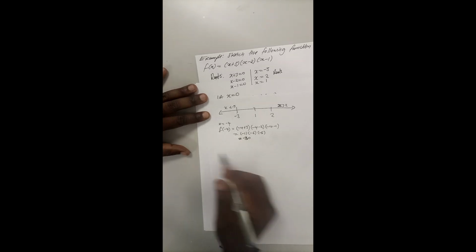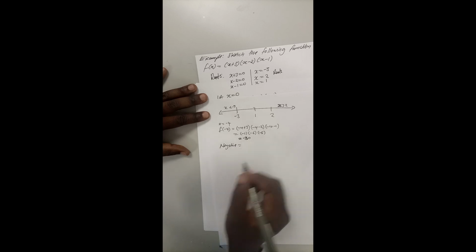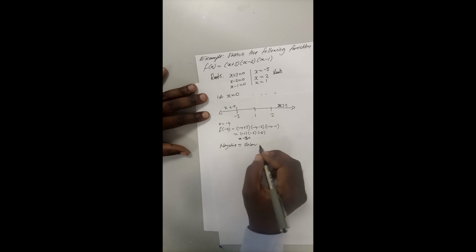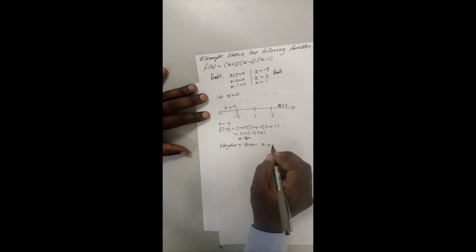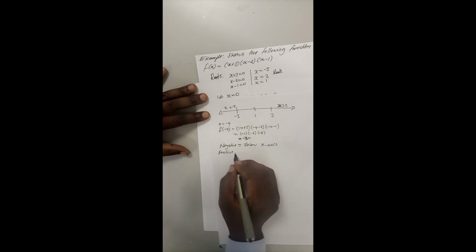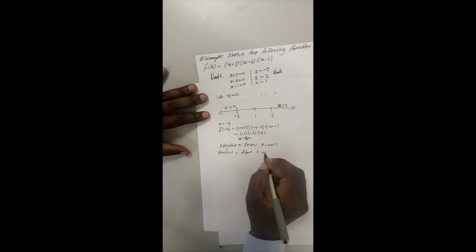So the function is negative for values of x less than negative 3. Why do we do this? A negative value of the function implies that the graph is below the x-axis. A positive value of the function implies that the function is above the x-axis.